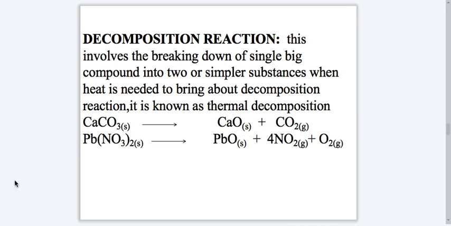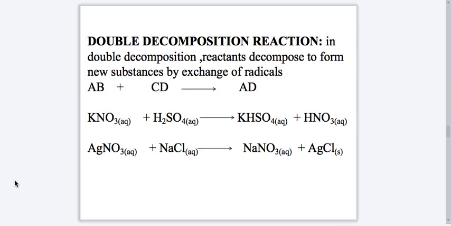The third type of chemical reaction we'll be looking at is referred to as double decomposition reaction. In this form of reaction, reactants react to form new substances by the exchange of their radicals.